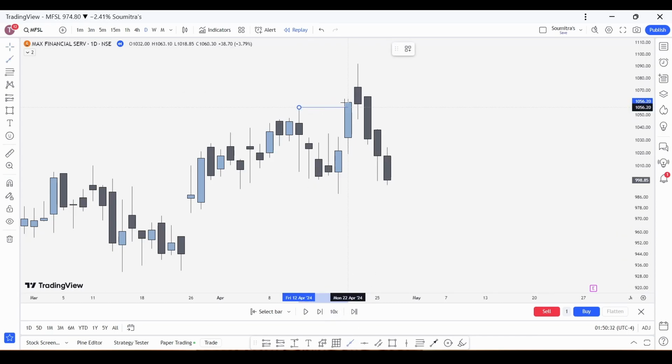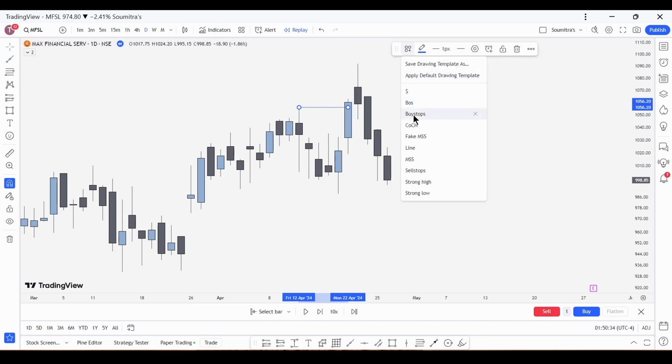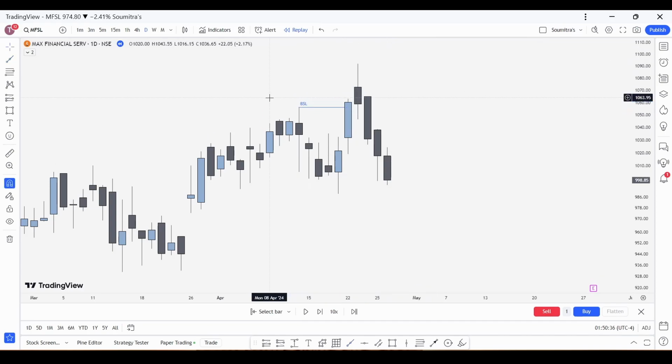So the price has swept this buy side liquidity and then there is a big expansion towards the downside, and if we call this a bullish order block based on the last down close candle for this up move, then this Friday candle closes below this order block.